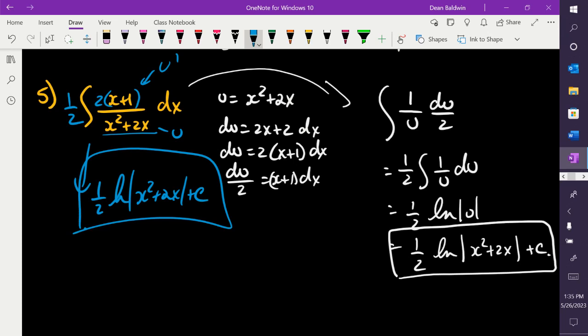So if you see the pattern, it makes it really quick. You don't have to. U sub works fine. Now, my question is, do I need the absolute value? No. Yes. No, maybe. You say maybe? You're making a face for every answer that we give.